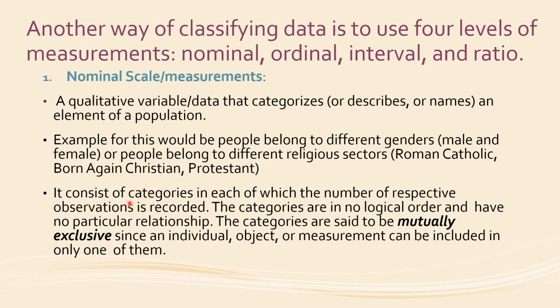It consists of categories in each of which a number of respective observations is recorded. The categories are in no logical order and have no particular relationships. The categories are said to be mutually exclusive since an individual, object, or measurement can be included in only one of them. So, yun tinatawag natin nominal. Okay, next.